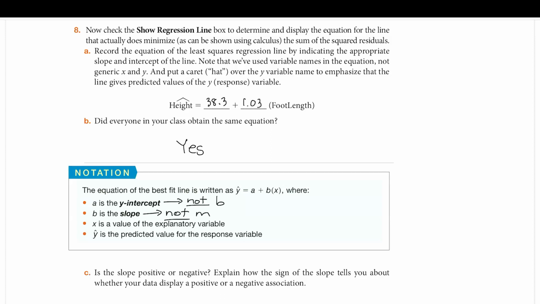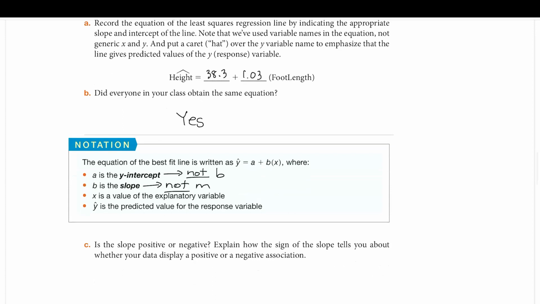A is the y-intercept, not b. So again, this is a potential place where you could get confused because you've had ingrained in you from a very early age y equals mx plus b, and now you have to twist your brain a little bit and realize that in statistics y hat equals a plus bx. A is the vertical intercept, b is the slope. So it's not the same mx plus b that you had before. It's still the equation of a line, but the symbols have different meaning.